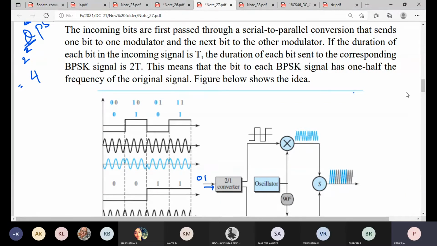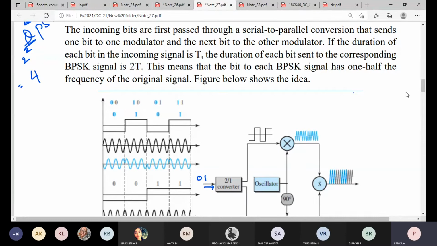If the bits are 1 and 0, one will be sent to this part and 0 will be sent to this part. Why are we using this serial to parallel conversion? The incoming bits first pass through the serial to parallel conversion, which sends one bit to one modulator.